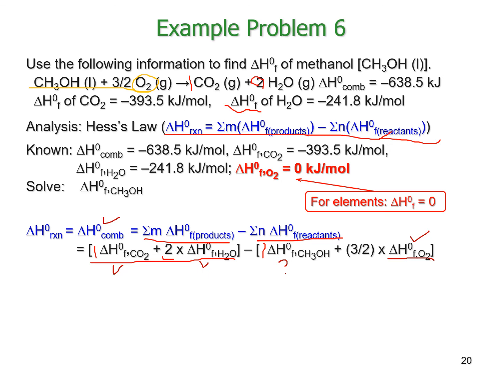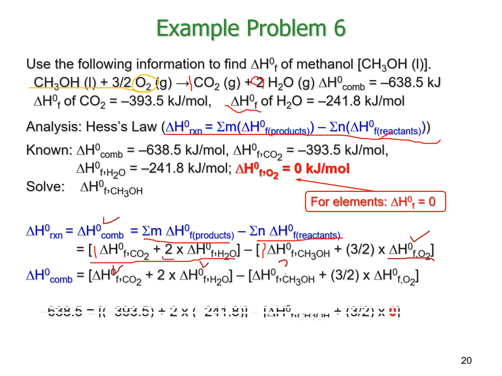So we have 5 variables with 4 known. This equation should work. So we plug those numbers in, and we solve for delta H0F of methanol, which is negative 238.6 kilojoules per mole.